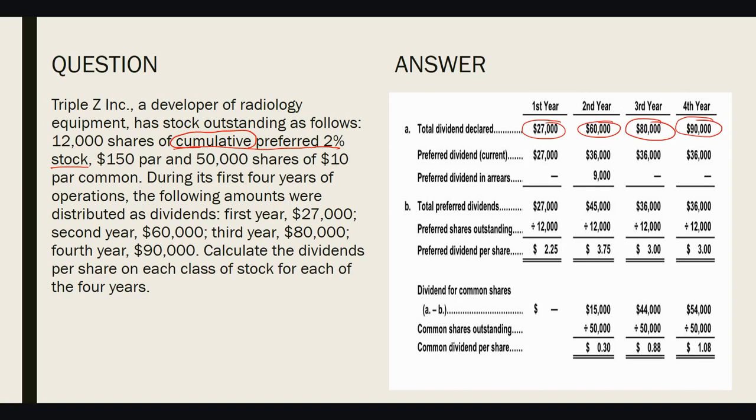Now, how do we know how much dividends the preferred stockholders are supposed to receive? Well, that's where the 2% comes into play.